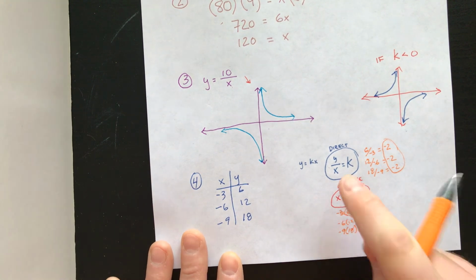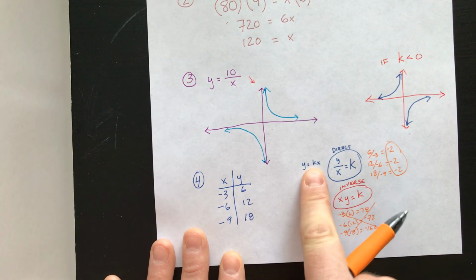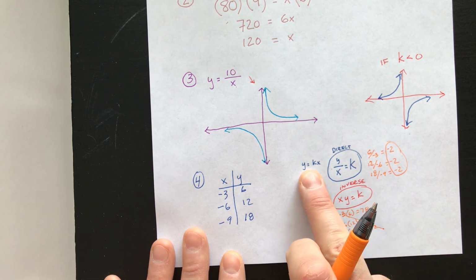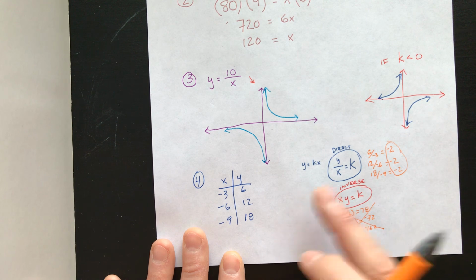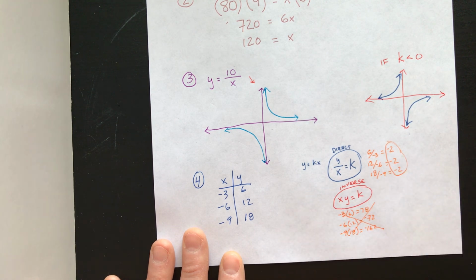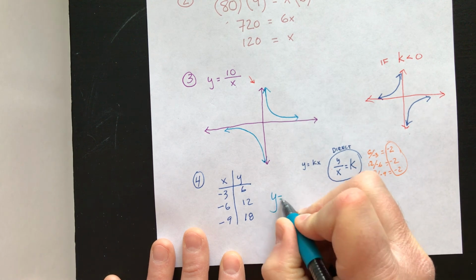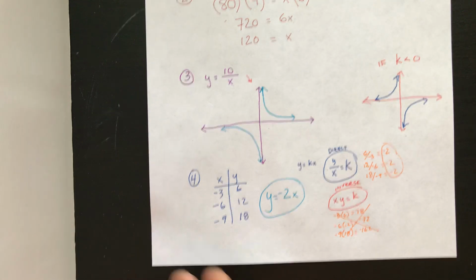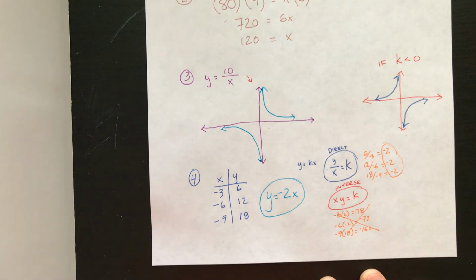So this is a direct variation, and they want me to write my direct variation just like this. Y is equal to kx. Well, what's my k? It's negative 2. So my answer here, y is equal to negative 2x. All right? So that is your variation.